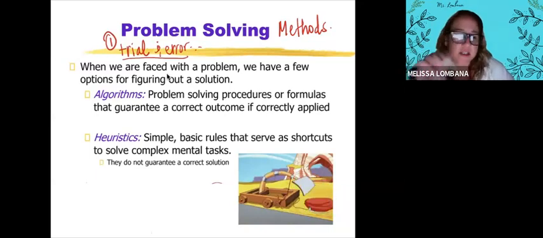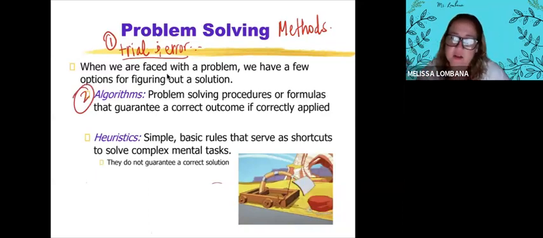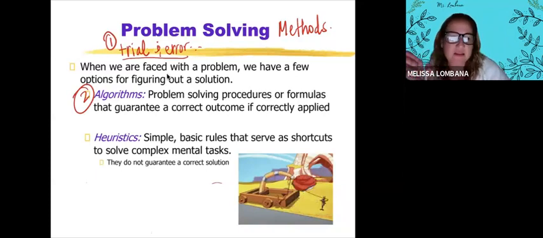So the next one is number two, which is algorithms. This is another method. This is when we use logical rules and procedures. There's usually a step by step that is going to guarantee you that solution.